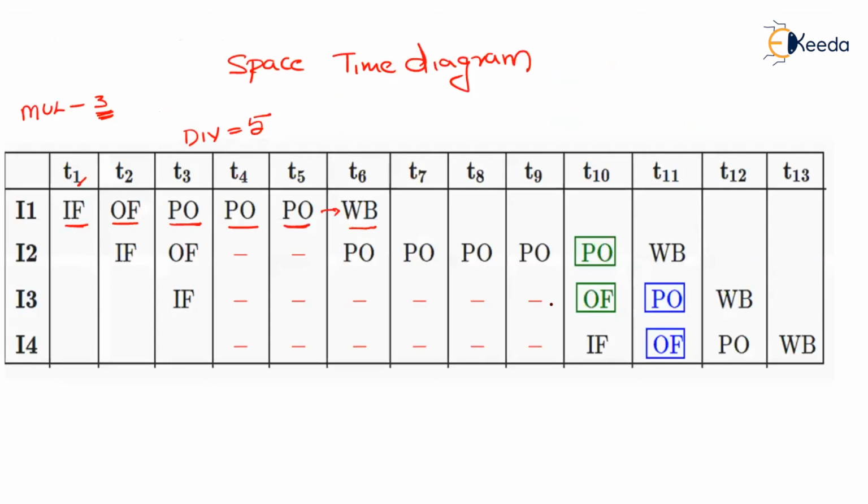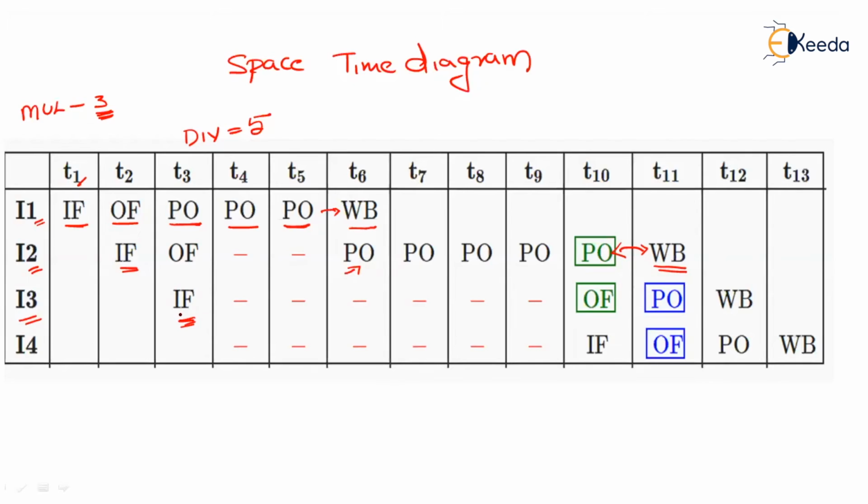So this division instruction is going to be in the perform the operation stage for 5 clock cycles, and then after that it leaves and goes into the write back stage. Obviously, I3 will enter the pipeline in the 3rd clock cycle into the instruction fetch stage, because that stage will be free the moment I2 leaves it. So I3 enters the pipe only in the 3rd clock cycle, instruction fetch.